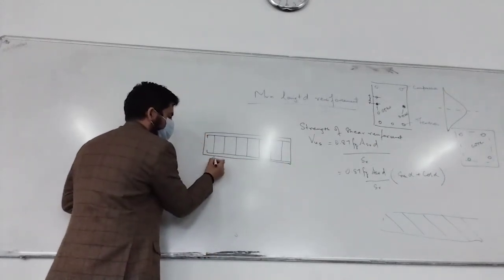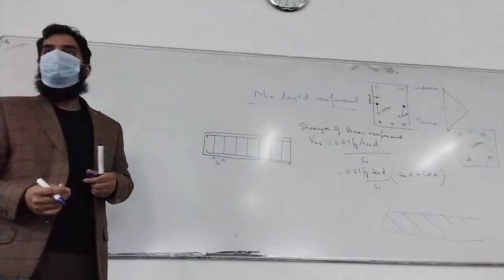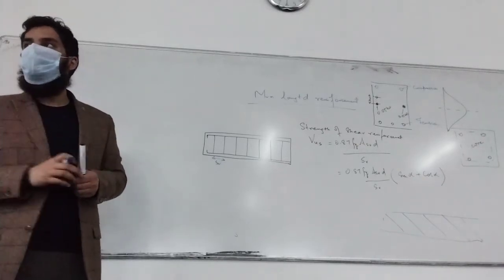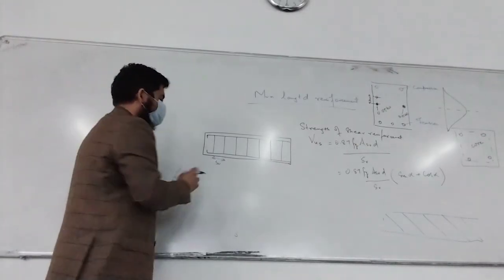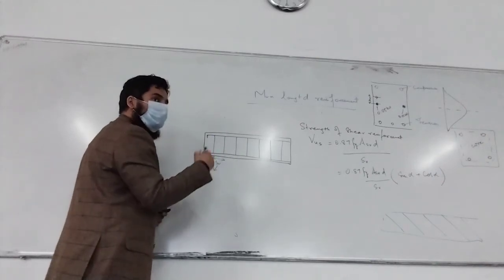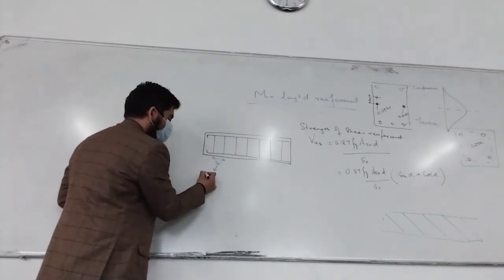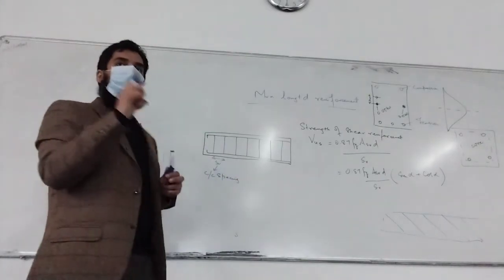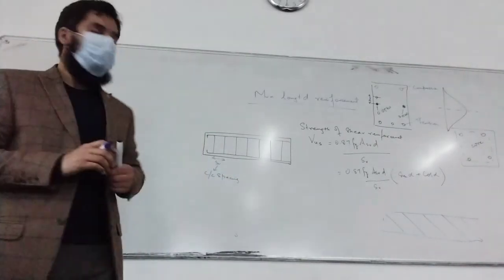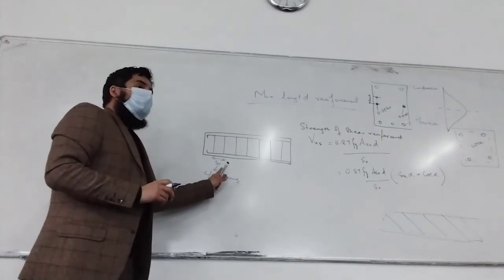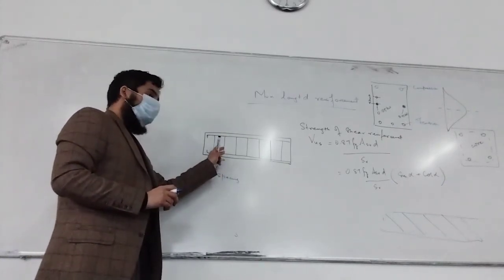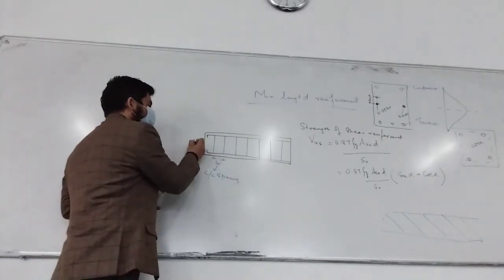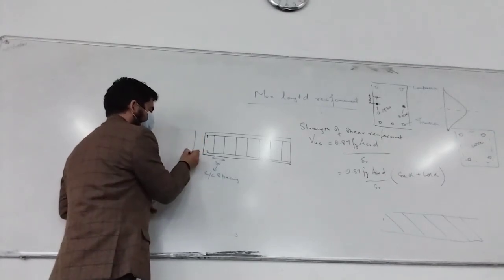This is your Sv. Sv is the spacing between two bars, from the center of one bar to the center of the other, center to center spacing. इसको हम कहते हैं Sv. Then, what is d? d is the effective depth of the section here.